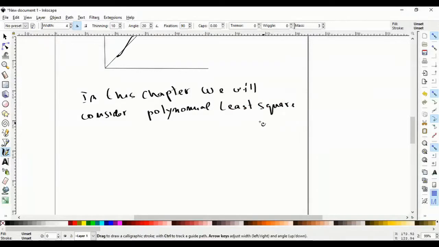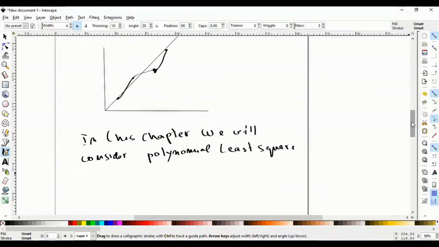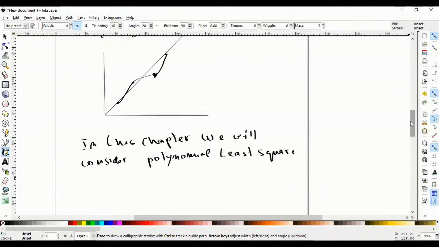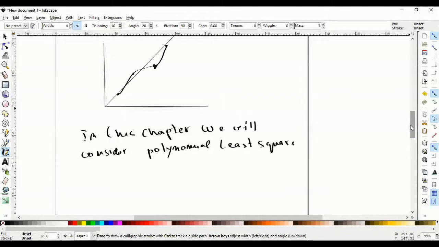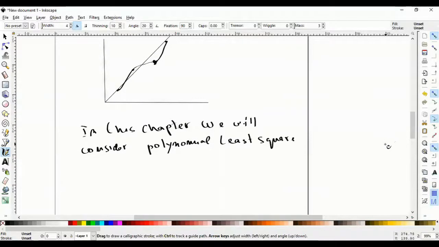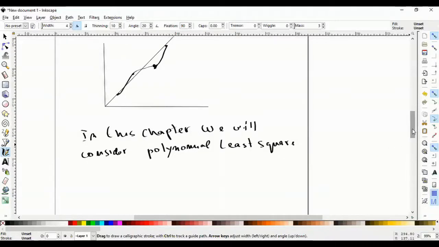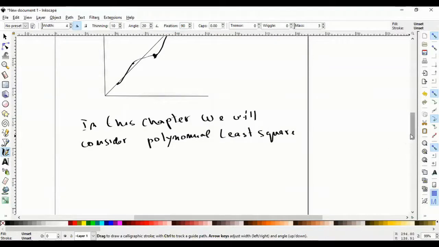Compared to polynomial interpolation, where n points give a polynomial of order n minus 1 passing exactly through the n points, here, if you have n points, you can fit with any polynomial of an order that you specify.